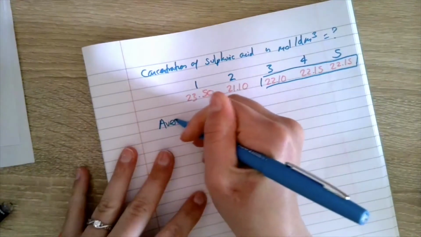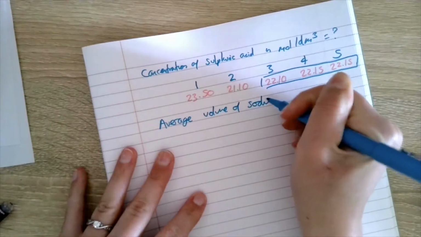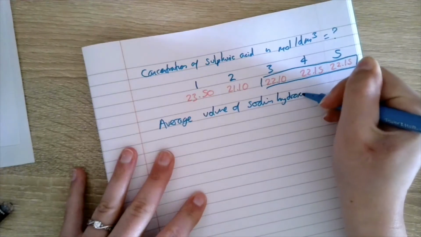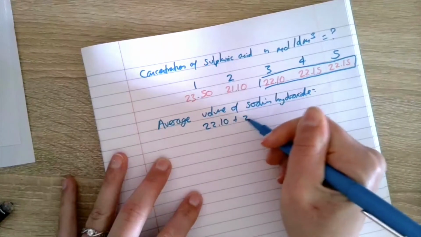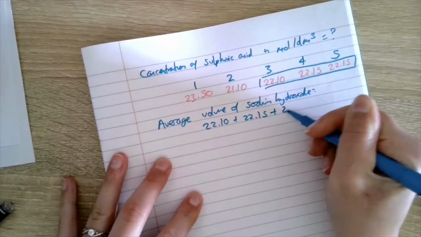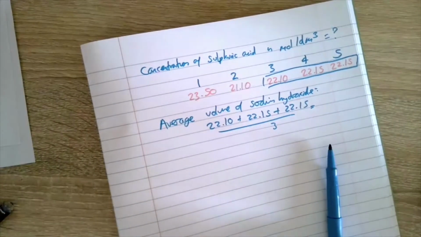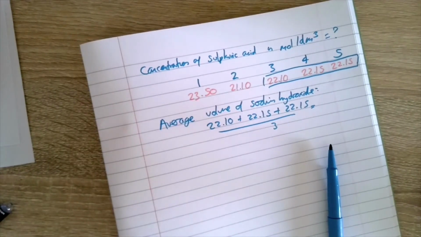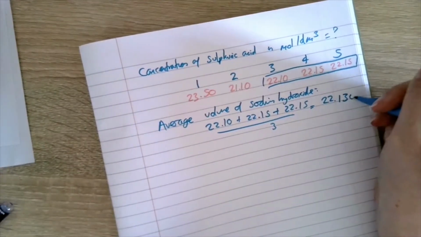So we can work out the average volume of sodium hydroxide, and that would be 22.1 plus 22.15 plus 22.15 divided by 3. And so we get an average volume of 22.13 centimetres cubed.